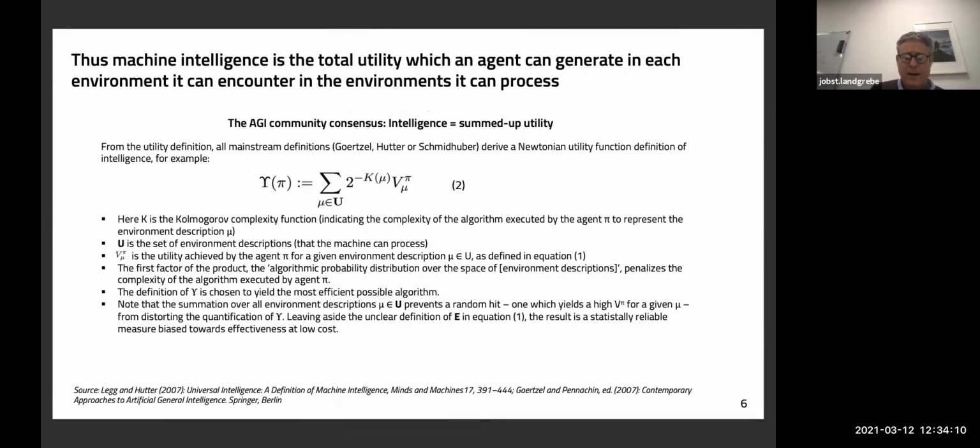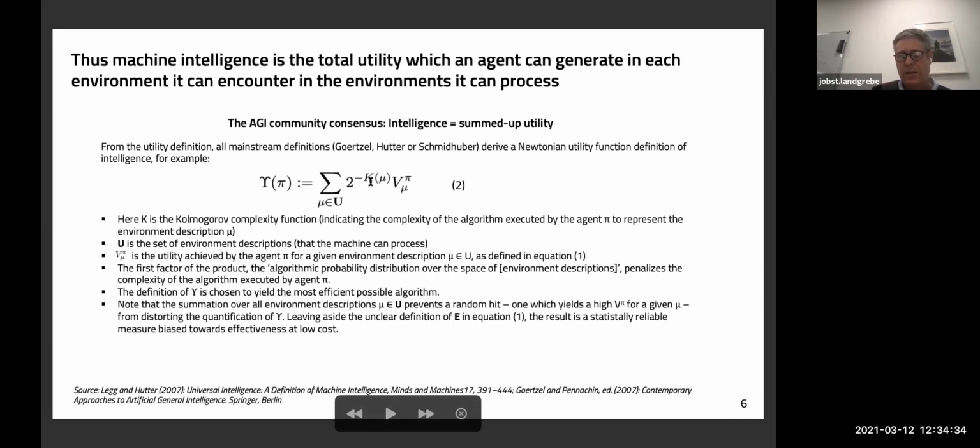So if that's, for example, a chess playing machine, then these would be all the positions on the chessboard. And then the intelligence would be the ability to achieve maximum utility given different positions on the chessboard. But if it's a universal agent, it would be anything the universal agent can deal with. And so for Robocop, that would be many more situations than just situations on the chessboard.